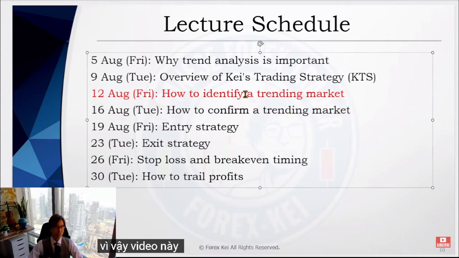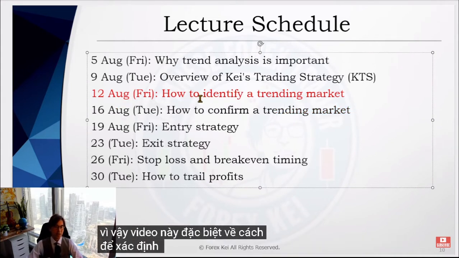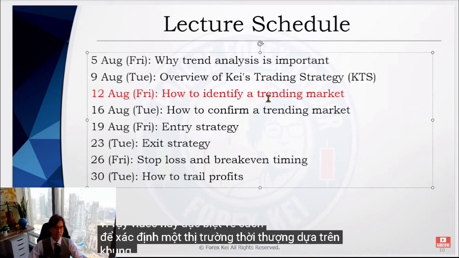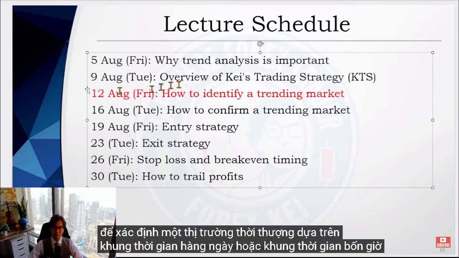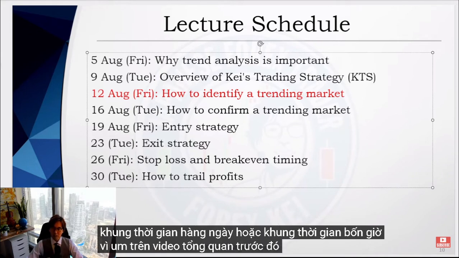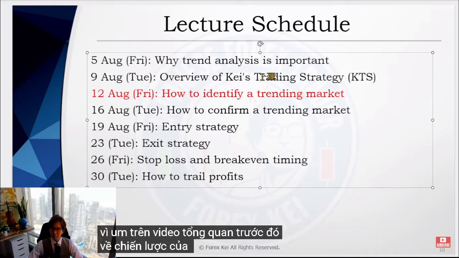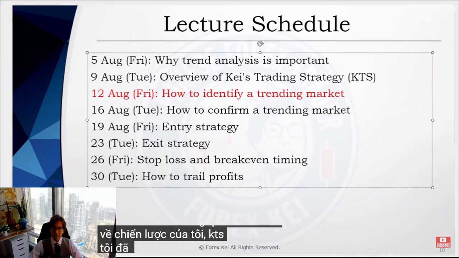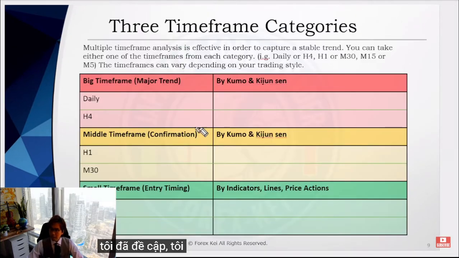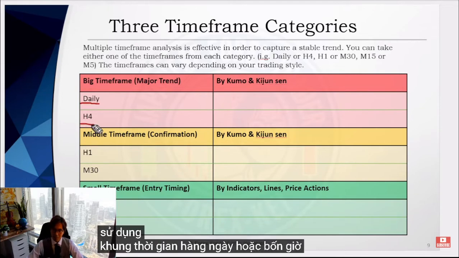This video is particularly about how to identify a trending market based on the daily time frame or the 4-hour time frame. Because in the previous video, the overview of my strategy KTS, as I mentioned, I take either daily or 4-hour time frames.